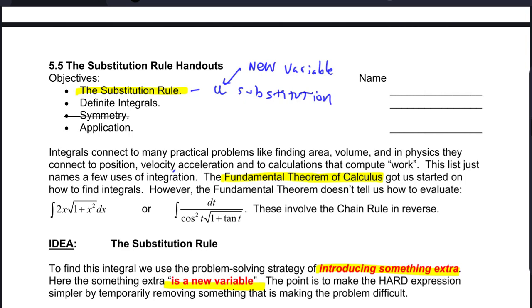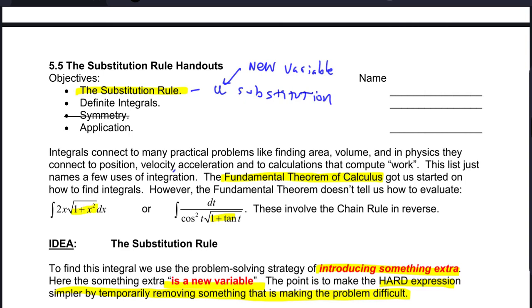What we want to do is take a hard expression and turn it into a simpler expression by removing something that's making the problem difficult. Now those 2 problems in the middle of the page there, this is pretty difficult here.